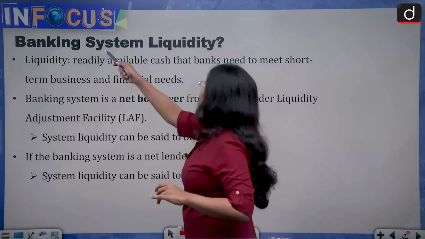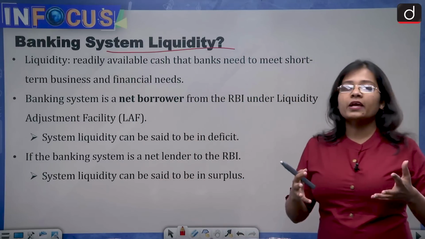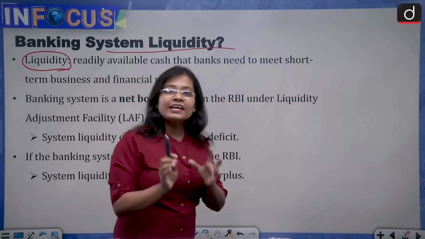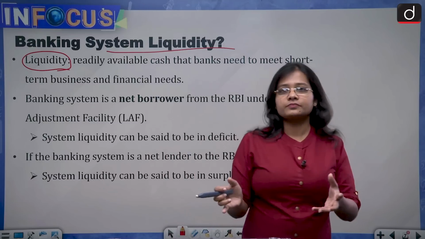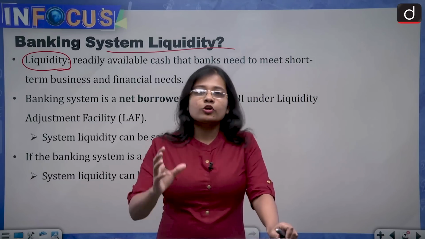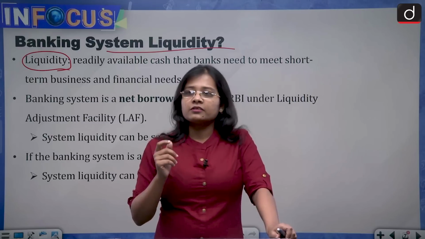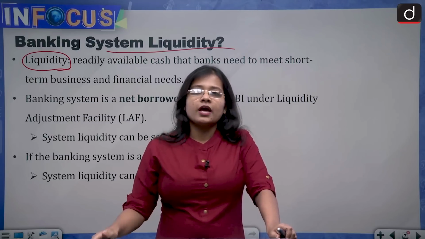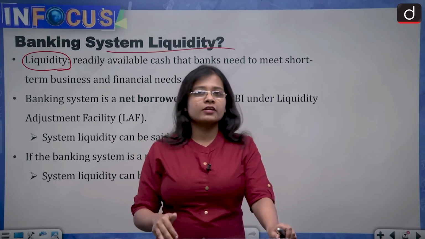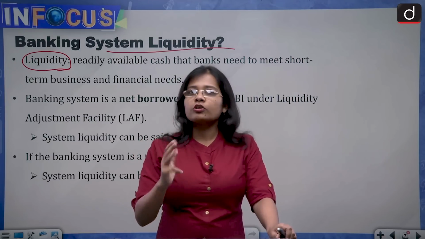Now let us look at the banking system liquidity. What is banking system liquidity? First, let us know the meaning of the word liquidity. What does liquidity mean? I'll tell you with an example. Like for example, you want to buy something that costs 5 rupees, and you have only 2 rupees in your pocket. So how will you buy that thing? You will not be able to buy it because you are short of 3 rupees.